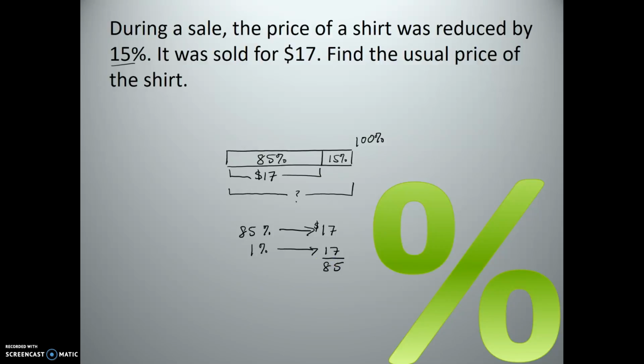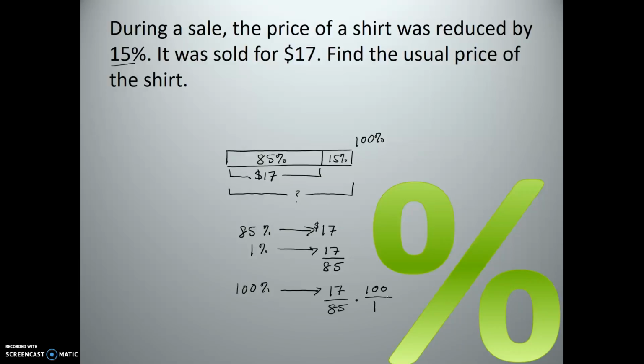Now I am not going to do the long division on that at this point. That would not be worth my time, right? Because eventually we want to find 100%. So I'm going to multiply both sides by 100%. So I've got 17 over 85 times 100 over 1.